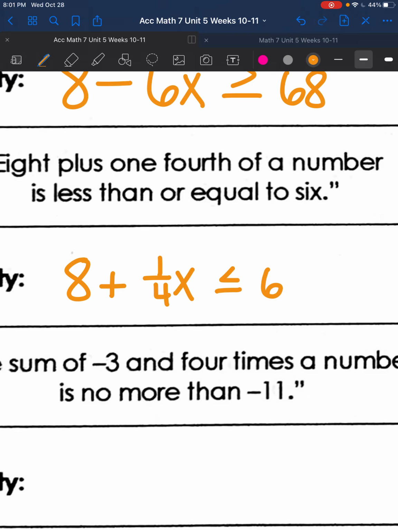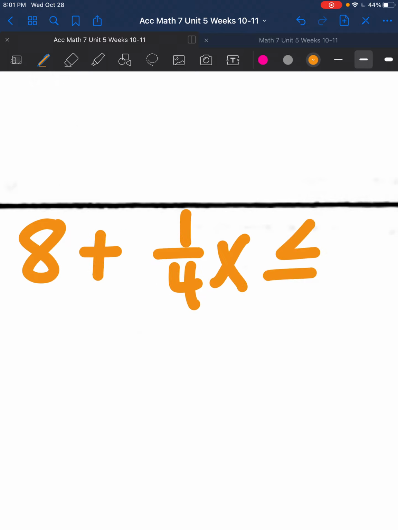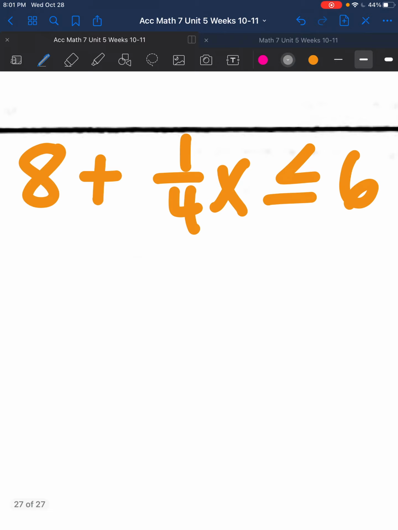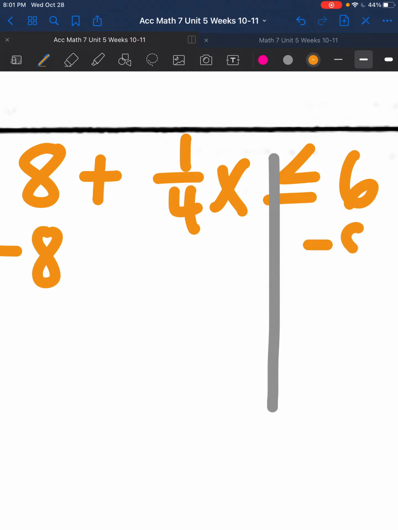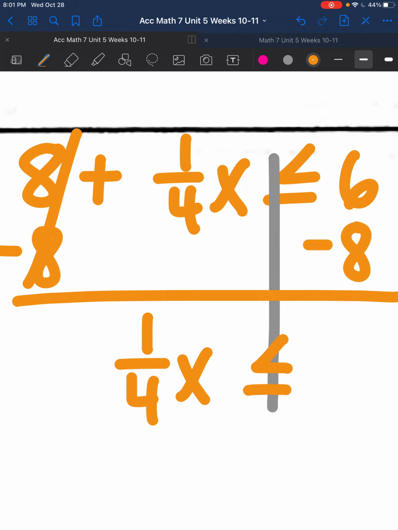So now we just need to solve this inequality. 8 plus 1/4 x is less than or equal to 6. My first step is to subtract 8 on both sides. That leaves me with 1/4 x is less than or equal to negative 2.